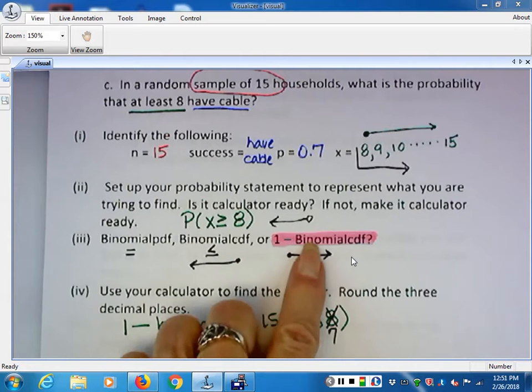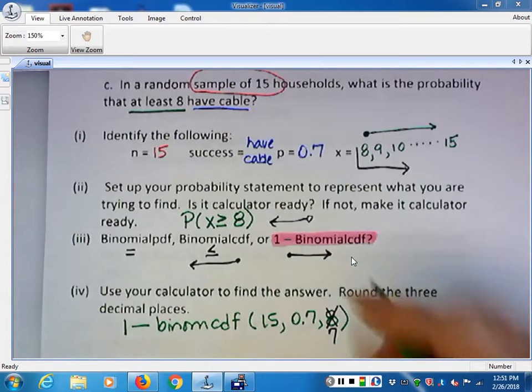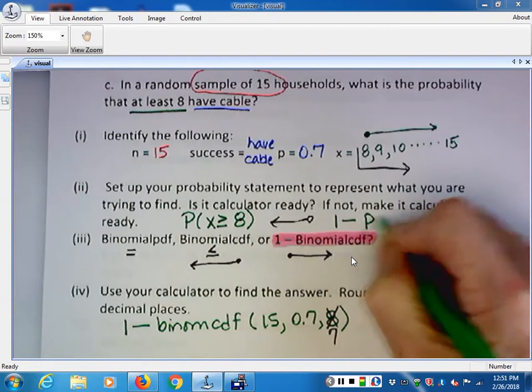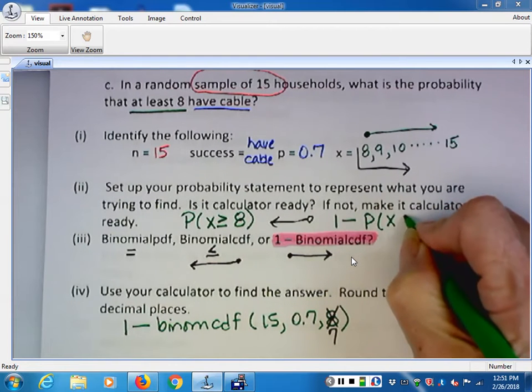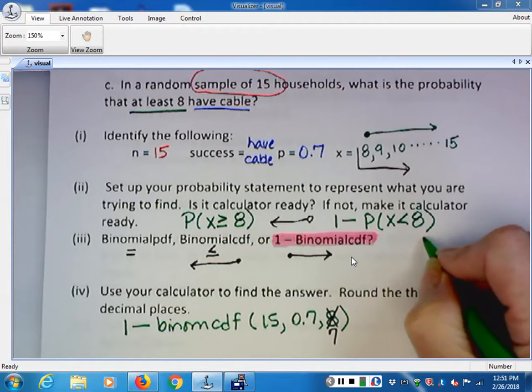And this is the part that's actually going down. So this probability x is equal to or greater than 8, which is 1 minus the probability that x is less than 8, which would make the top number 7.